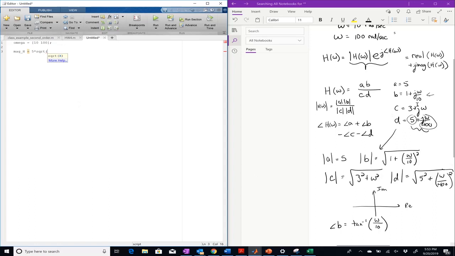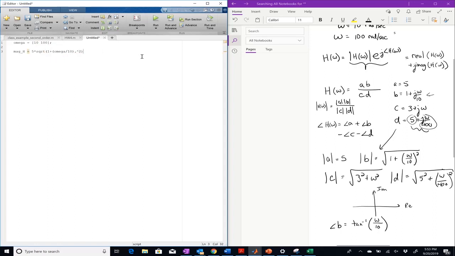So I'm going to put in the magnitude of b, the square root of 1 plus (omega over 10) squared. But because I've got two entries in this vector, I'm going to say dot squared, like that.